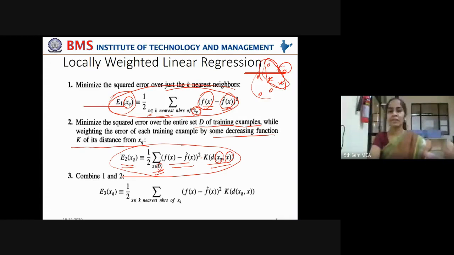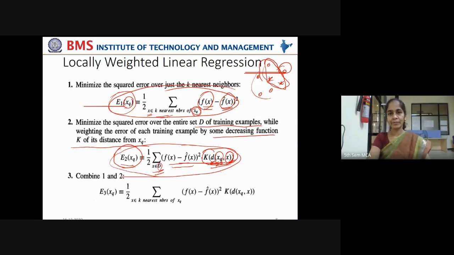If it is nearer, add more weight. In that way you are creating a function k of d of x cube and x, a function of the distance between the new instance x cube and the existing instance x. That is given as the error estimate 2.